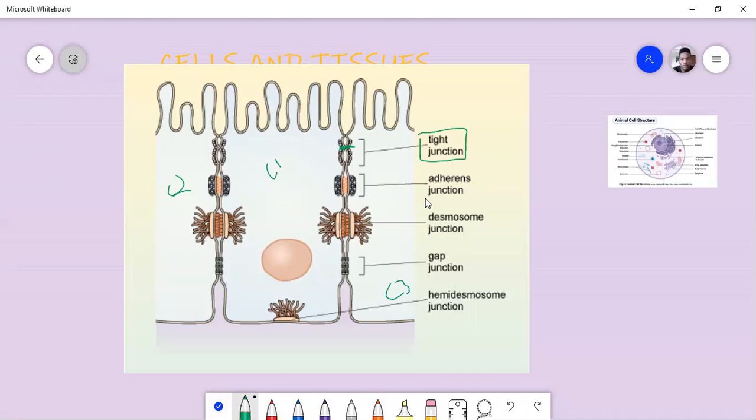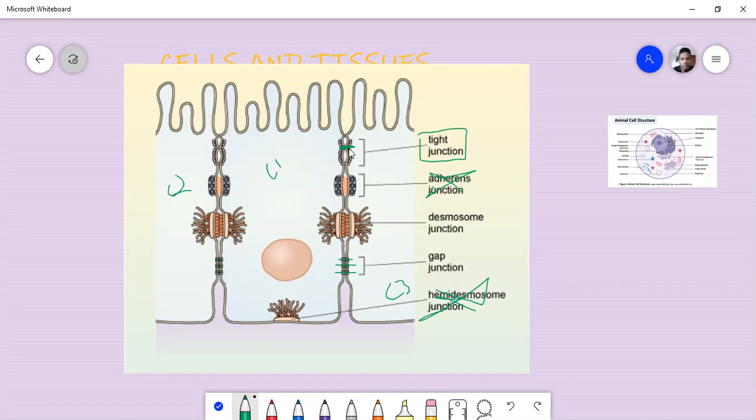Don't mind this one. Don't mind the adherens. And your hemidesmosomes, don't mind them. You focus on these ones when you're doing biology. Don't really mind them for now. Gap junctions, these are the gap junctions. You can see the gap. So the gap junctions are the ones which have connexons, right?